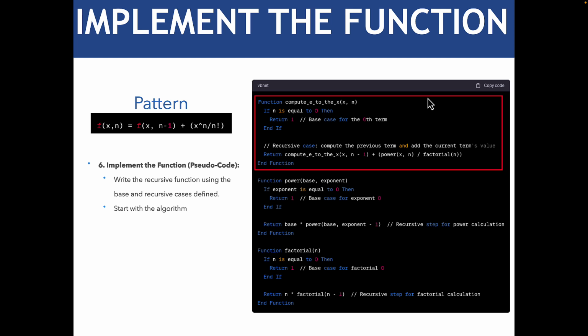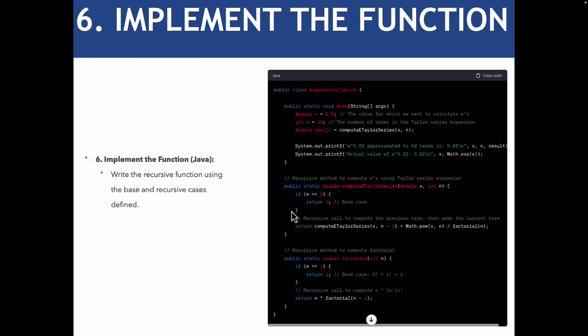Base case: if n equals 0, then return 1. Else return function x, n minus 1 plus this term, x power n divided by factorial of n. We can use math.power, because now this is just the algorithm; when we write it in Java, it's simpler.